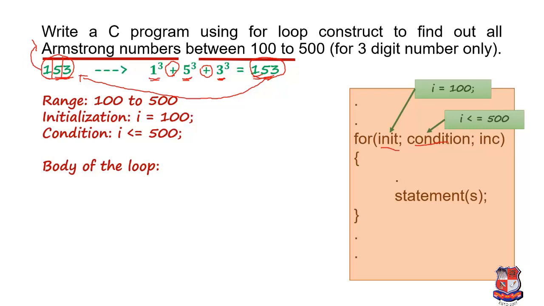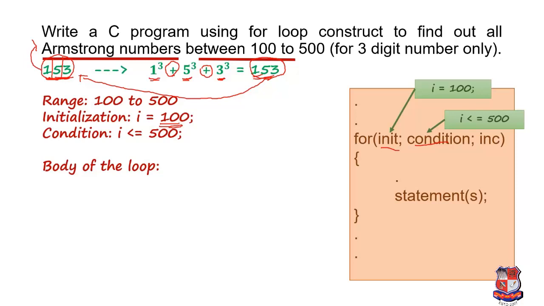Inside the body of the loop we have to write the concept of Armstrong number. So how can we do it? For that, firstly we have to separate all digits from the number. Over here we can get the number from the control variable.